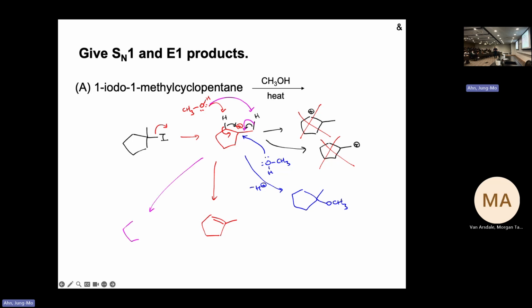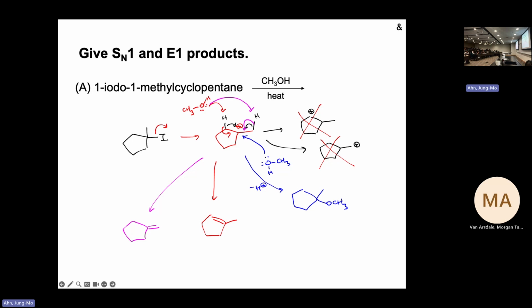But what makes another product is the hydrogen on this side, the hydrogen on the methyl group. If that is taken by the base, then you get a double bond between those two, and you make that product. So it actually makes two E1 products: one SN1 product and two E1 products. The question is asking you to give me the SN1 E1 products, so you are supposed to give me all three.